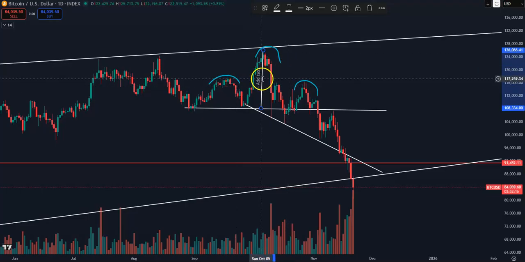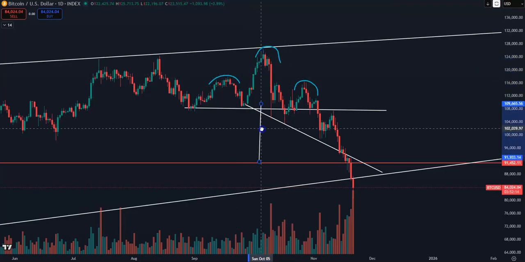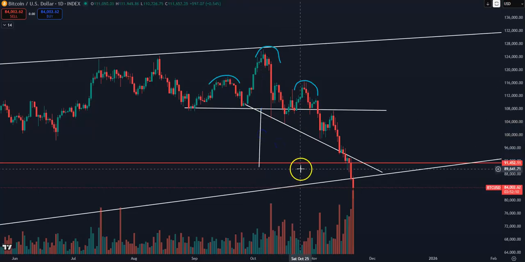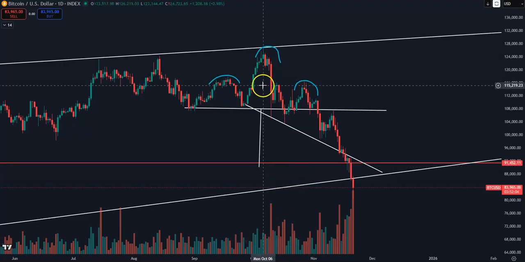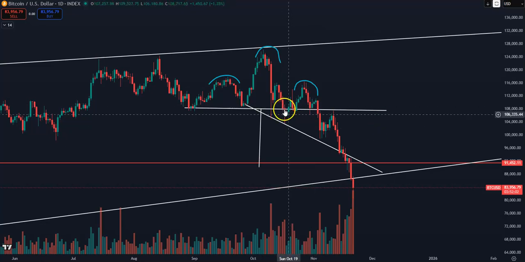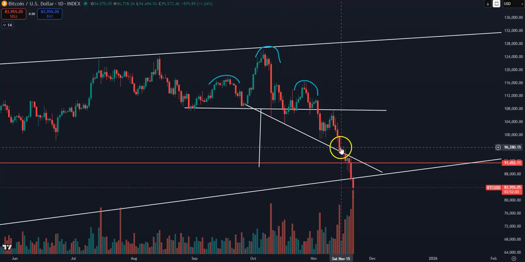But you could take this head and bring it down to the neckline, and then you'll see that 90 was definitely breaking the neckline. We were definitely going to revisit 90.